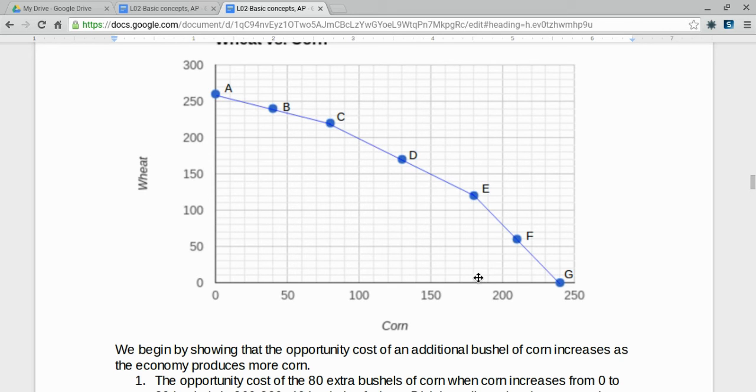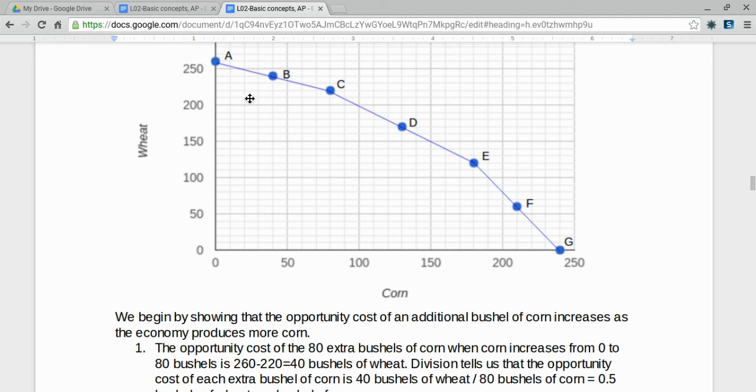The opportunity cost of this 60 bushels of corn is 120 bushels of wheat, which means the opportunity cost of each extra bushel of corn is 120 bushels of wheat divided by 60 bushels of corn, which is 2 bushels of wheat per bushel of corn.